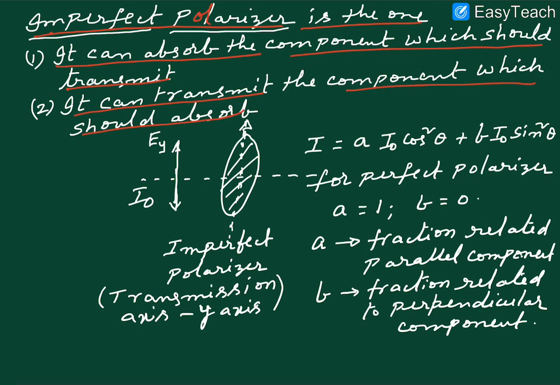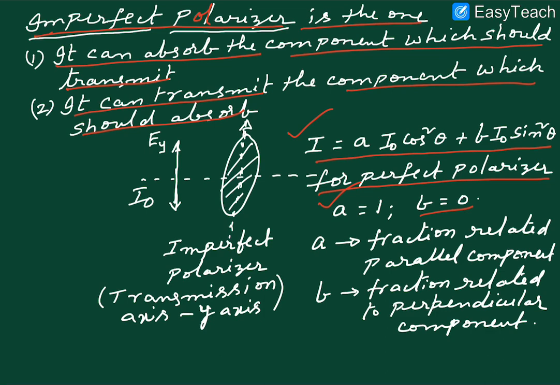So underline this: it can absorb the component which is supposed to be transmitted, and it can transmit the component which is supposed to be absorbed. Then the intensity of light after passing through an imperfect polarizer is I equal to A I naught cos square theta plus B I naught sin square theta. For a perfect polarizer, A is equal to 1, B is equal to 0.